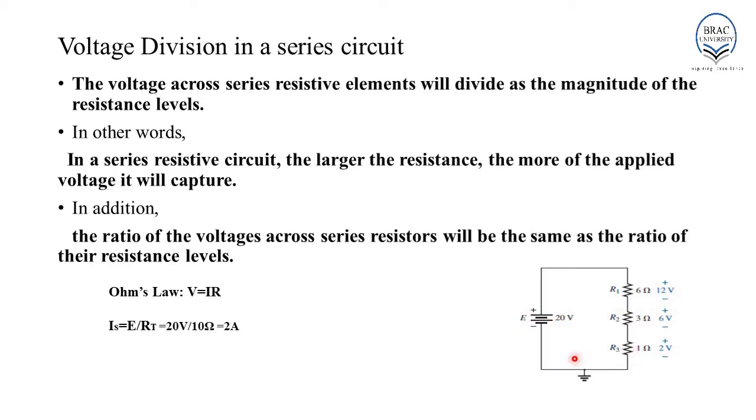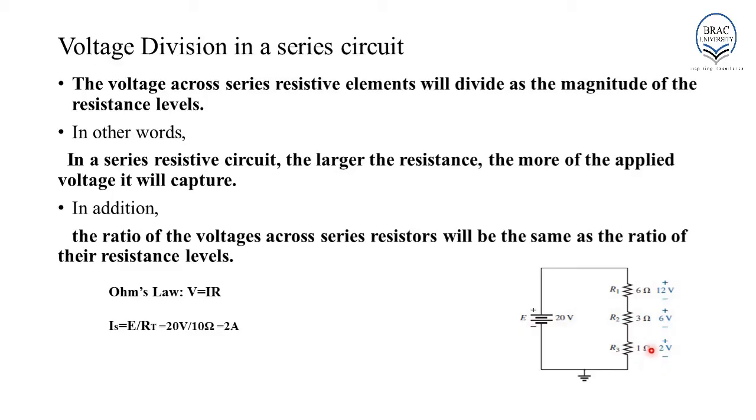If we want to determine the source current, that is this current flowing through the source, coming out of the source and going to the load, then the source current will be equal to E by RT, which is 20 volt by 10 ohm equals 2 ampere. Now, if 2 ampere is the current flowing through all the resistors, then the potential drop across R1 will be 12 volt, across R2 will be 6 volt, and across R3 will be 2 volt.